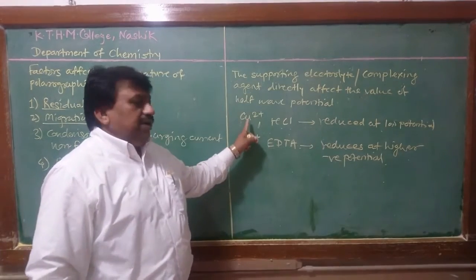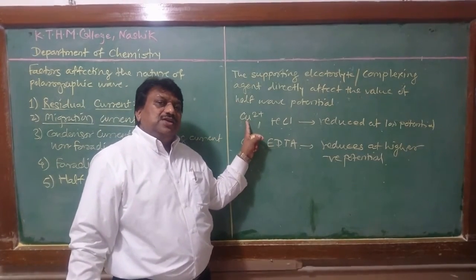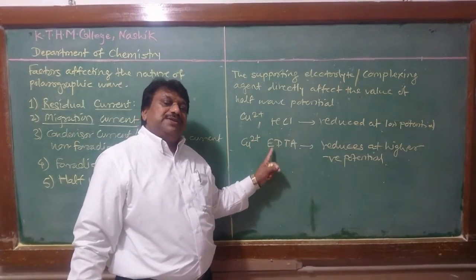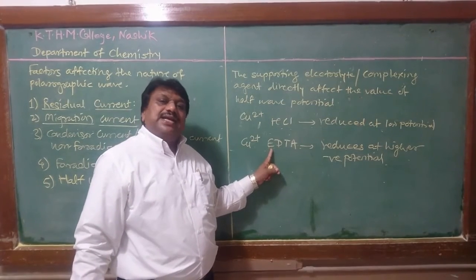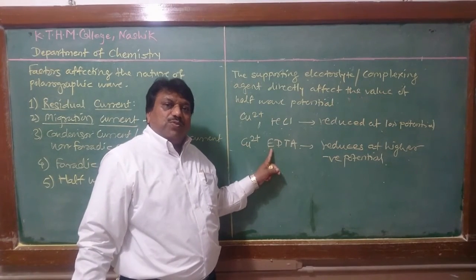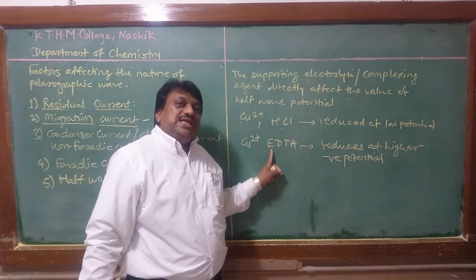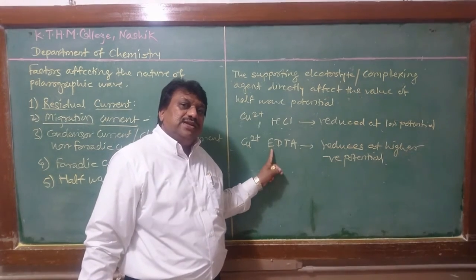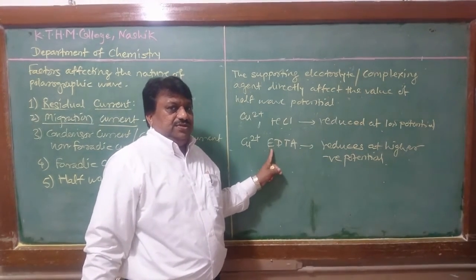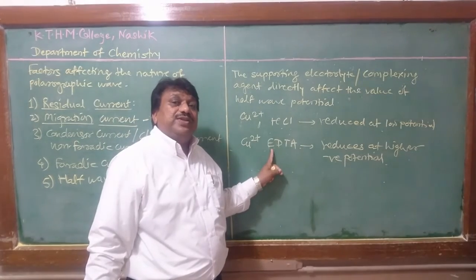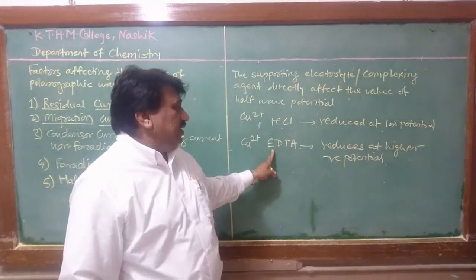Therefore, the nature of supporting electrolyte or a complexing reagent in the solution directly affects the half wave potential, and that gives the incorrect value of the reduction potential of the analyte.